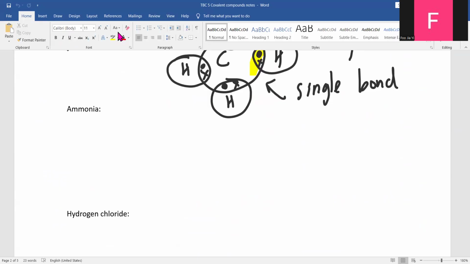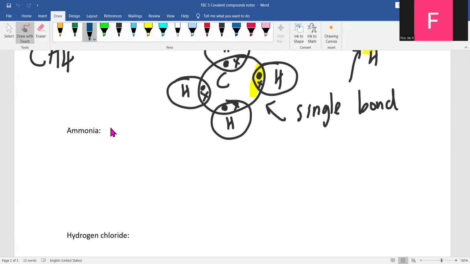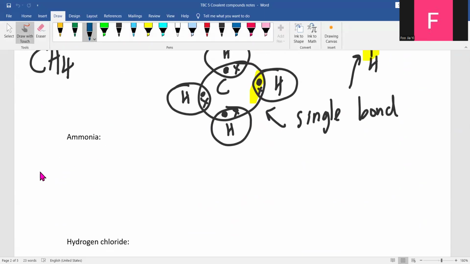Haven't done. No, maybe. Jai, did you do? So ammonia is NH3. So always write down the electron arrangement of nitrogen first and then hydrogen.